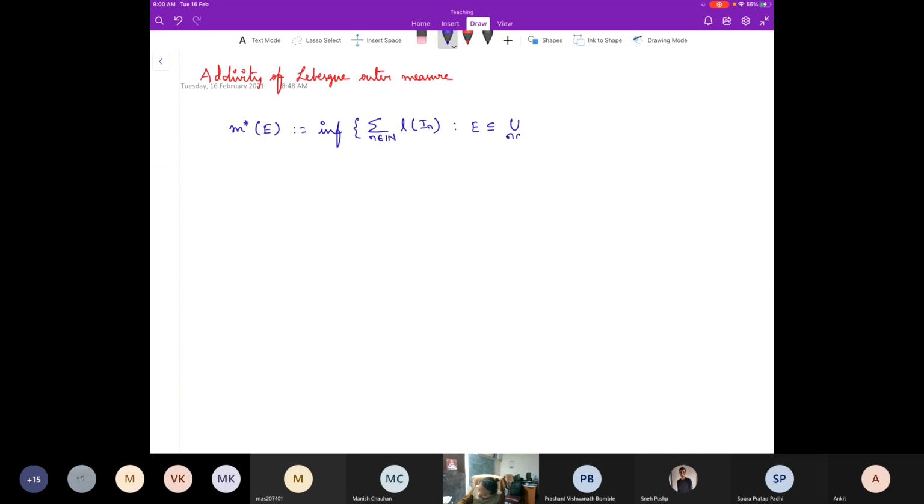That means these intervals cover E, and I_n is an open interval for each n. This is the so-called Lebesgue outer measure.